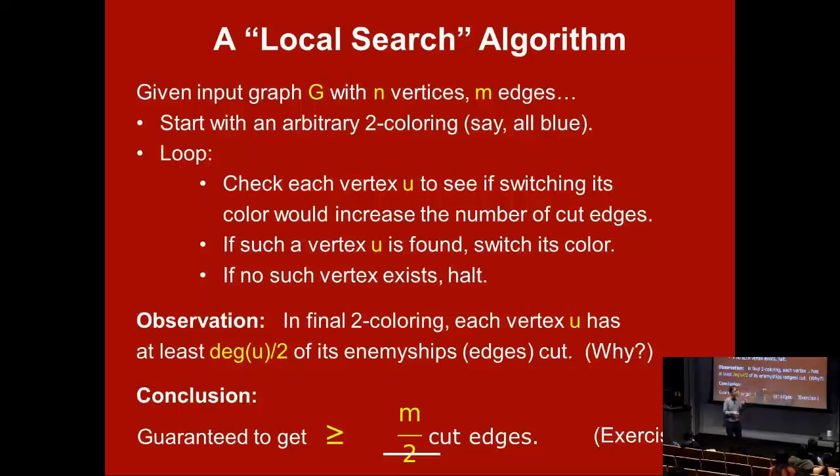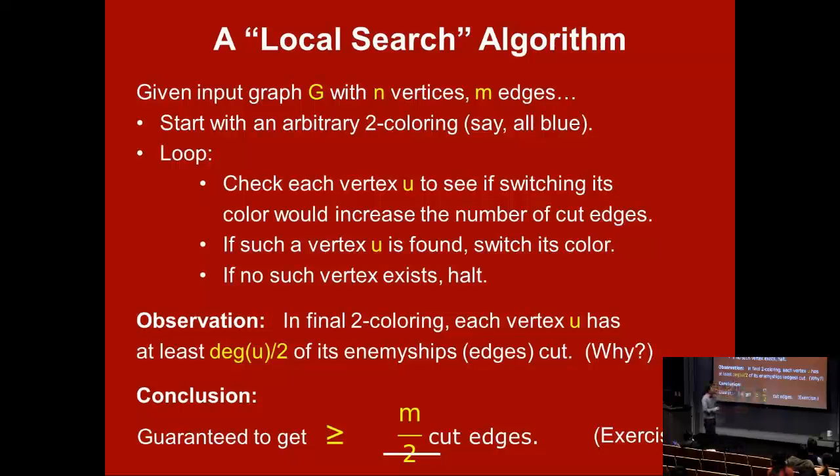On the other hand, if you add up all the cut edges for each vertex, you get at least the sum of all the degrees over 2. We know that the sum of the degrees is 2 times the number of edges, so that would give you the number of edges, and then divide by 2 for the double counting. That's why I said you should think about it at home if you don't catch it. But it's not hard to show that this observation implies this conclusion.